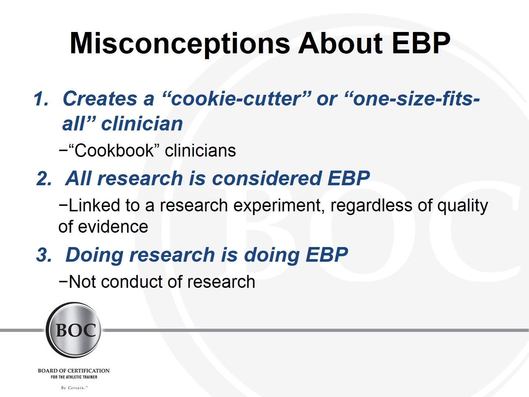In addition to the cookbook misconception, EBP has also become a catchphrase for anything within clinical practice that can somehow be linked to an experimental study, regardless of the quality of the evidence depicted in the study. Again, it is important to remember here that the evidence-based practice process should include consideration of both positive as well as disconfirming evidence.